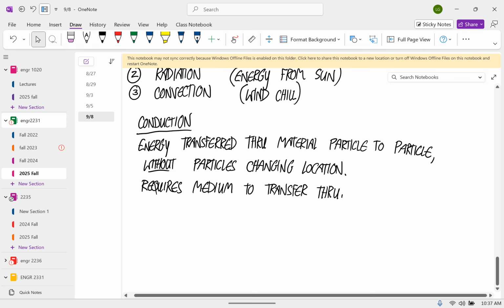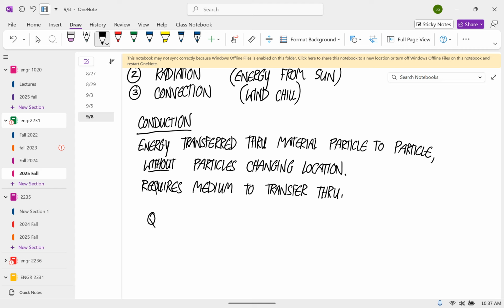The equation for conduction that we're going to use is Q dot, the rate of heat transfer, equal to, and I'm first going to write this in the form that you would always see it written, negative Greek letter kappa times A times dT/dx.